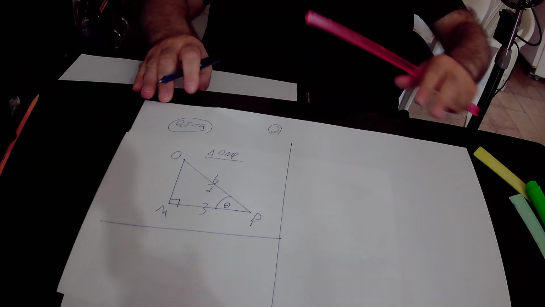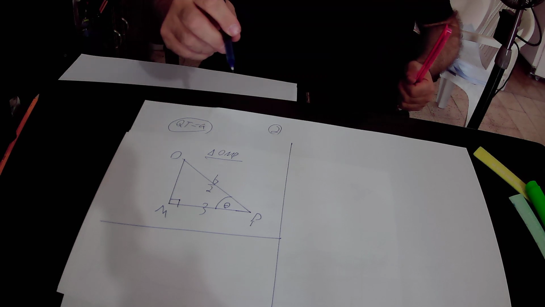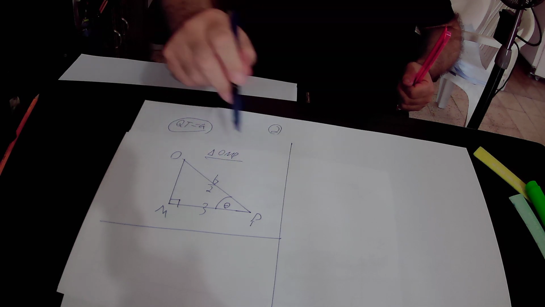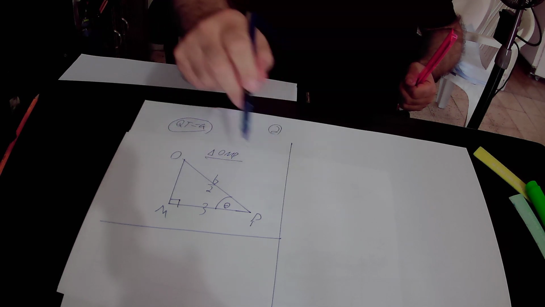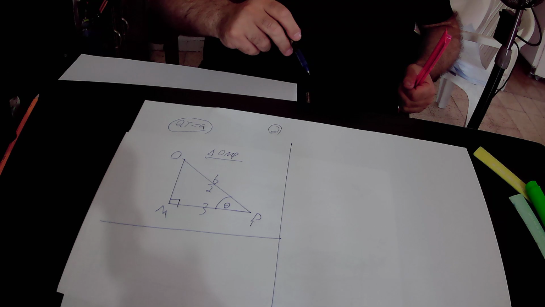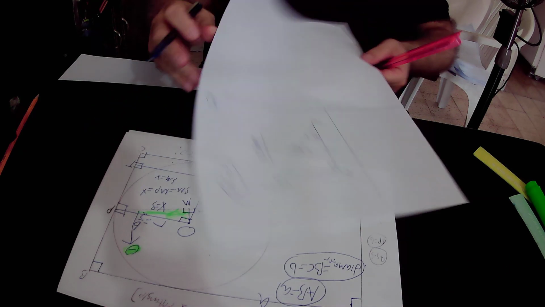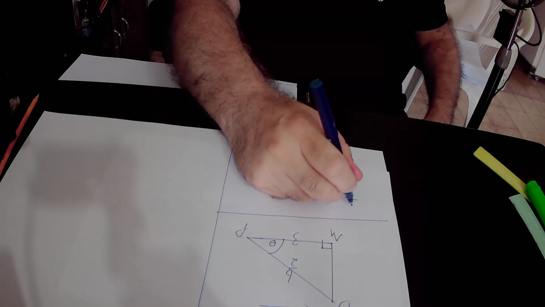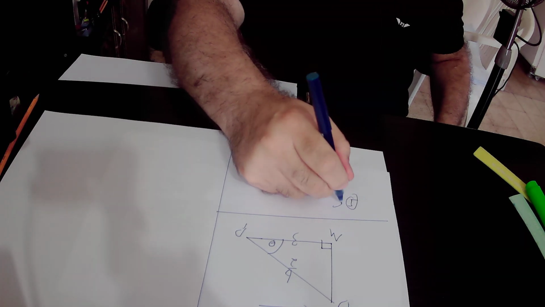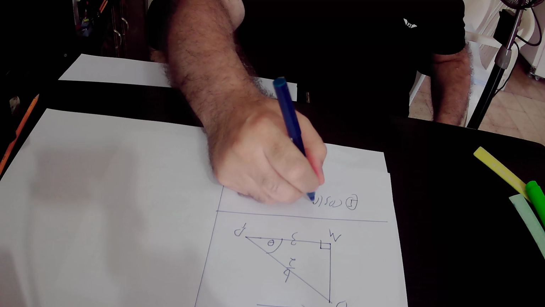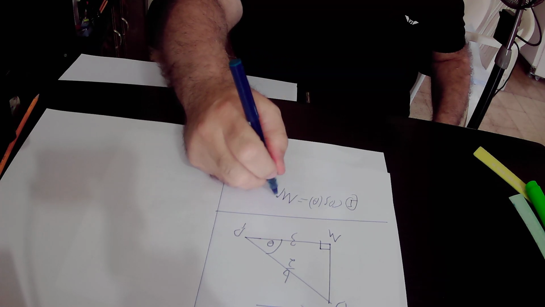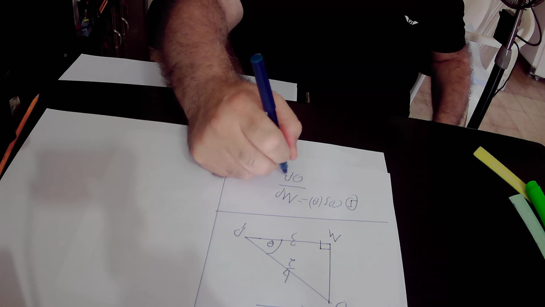So this is the right triangle OPM that I copied from the original drawing. In the right triangle OPM, it is very easy to see that cosine theta equals MP over the hypotenuse OP. So I write it down here, equation number 1: cosine theta equals MP over OP.